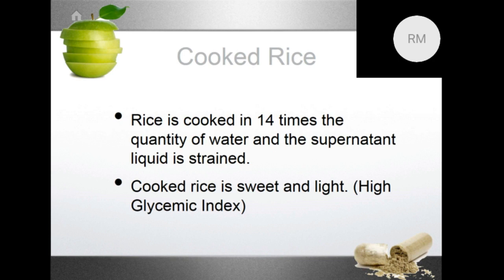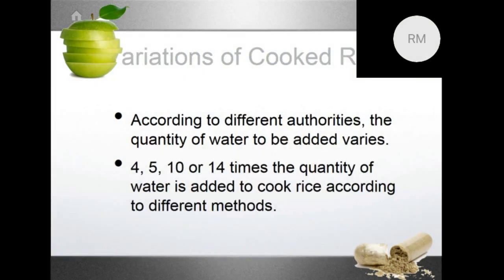Cooked rice is sweet and light, but it has a very high glycemic index, so it is not recommended in conditions like diabetes. You have to use it with a lot of vegetables. So this is about the different ways of cooking.